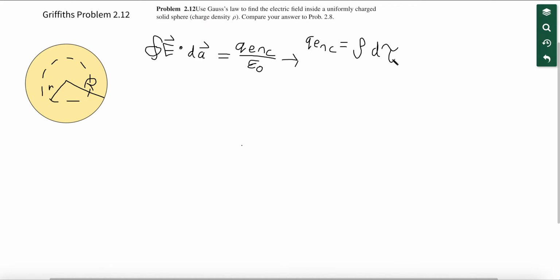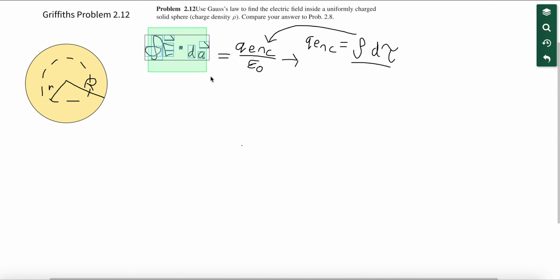If we were working with a shell, then it would have been sigma times the area element, but since we're working with a solid sphere, this is what we're going to be using. Now we're going to plug this back into here, and that should give us our next step of the equation.